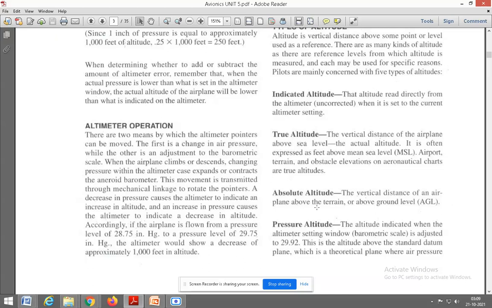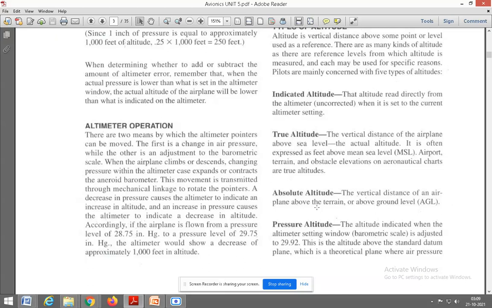Then true altitude. True altitude means the vertical distance of the airplane above sea level, which is the actual altitude. It is often expressed as feet above mean sea level. Airport, terrain and obstacle elevation on aeronautical charts are true altitudes.